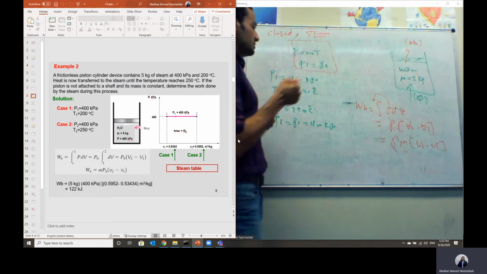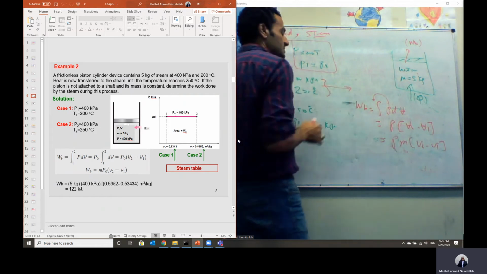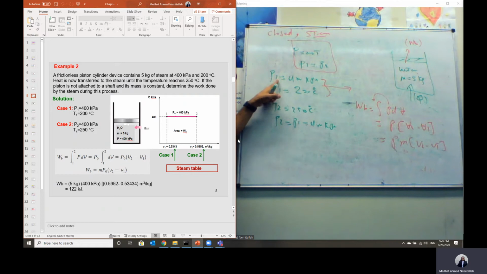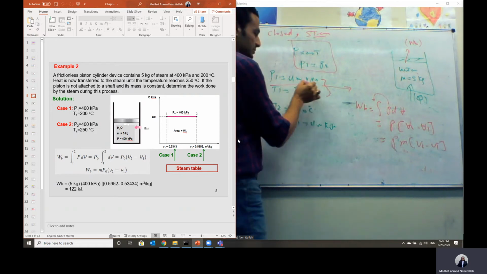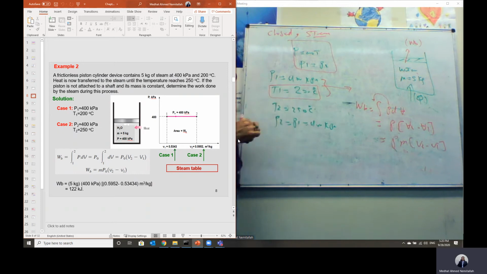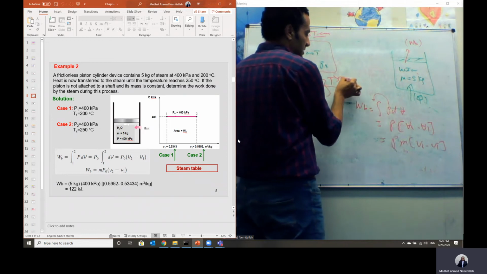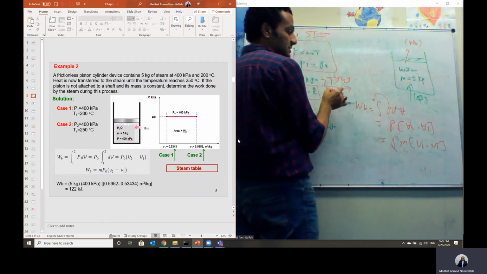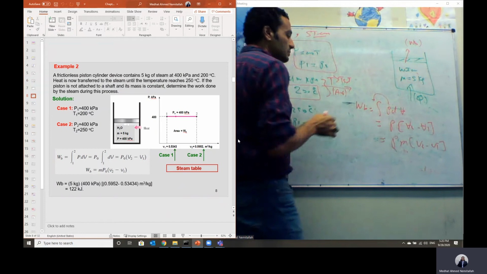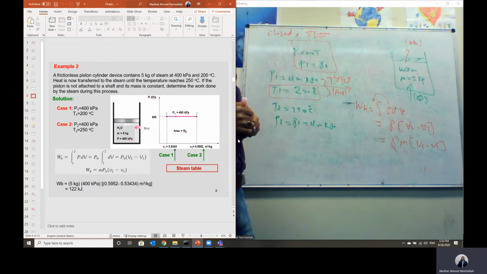Pressure and temperature are given, so with this pressure I go to table A5 and get the saturation temperature. Comparing it with the given temperature, you will find the given temperature is greater than the saturation temperature. You can check this value. Then the state is superheated, and I will be using table A6.